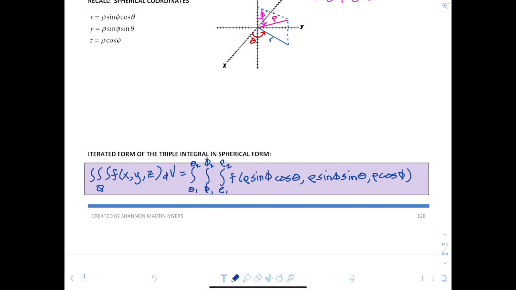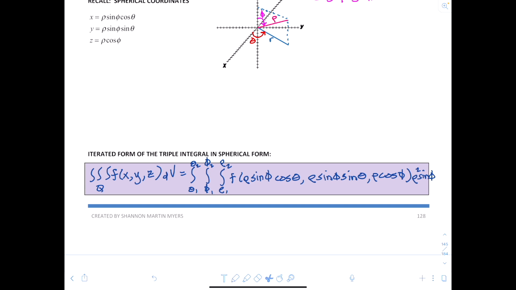And then we have to have our rho squared sine phi, to switch into spherical for the iterated integral. And then that's going to be d rho d phi d theta.